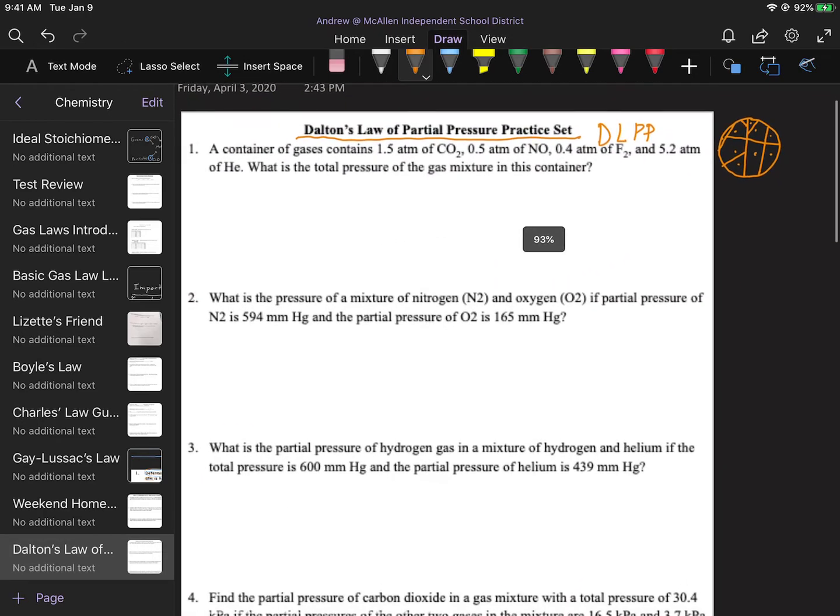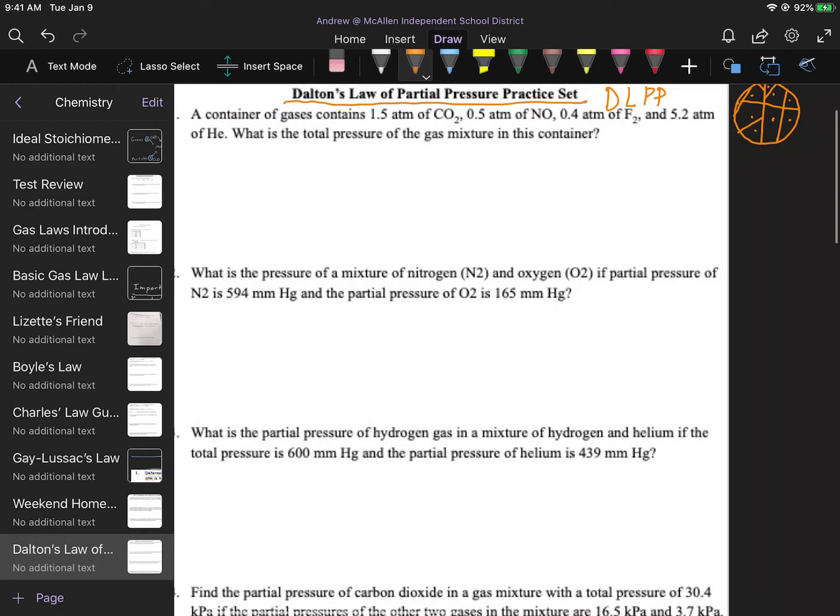So, if we look at this first problem, a container of gases contains 1.5 atmospheres of carbon dioxide, 0.5 atmospheres of nitrogen monoxide, 0.4 atmospheres of fluorine gas, and 5.2 atmospheres of helium. What is the total pressure of the gas mixture in this container? So the question is asking, what is the total pressure? So really, we want to know what the pressure of all the gases together are.